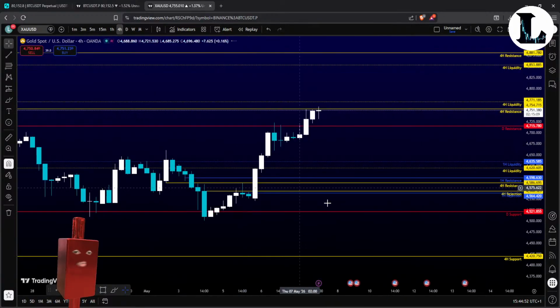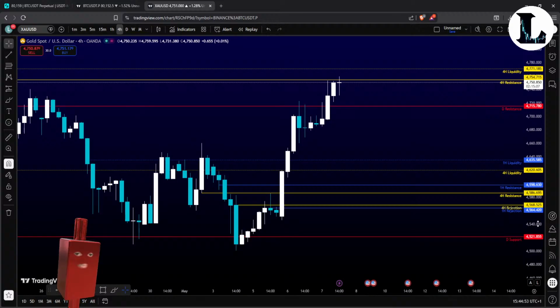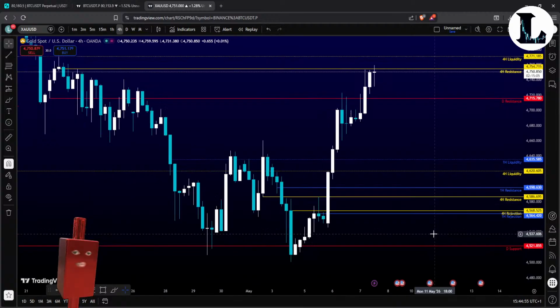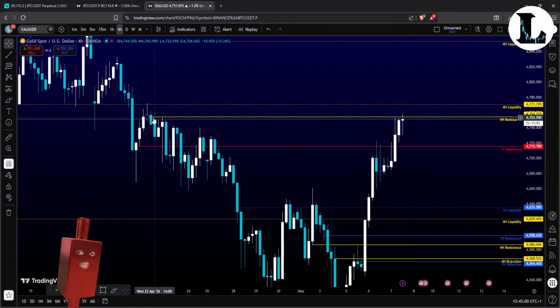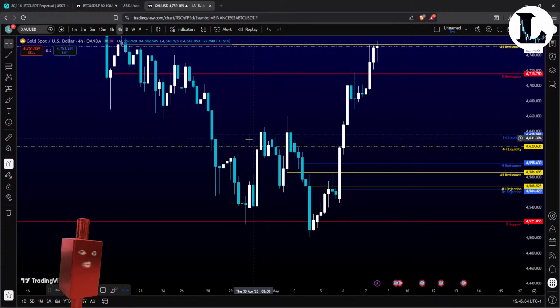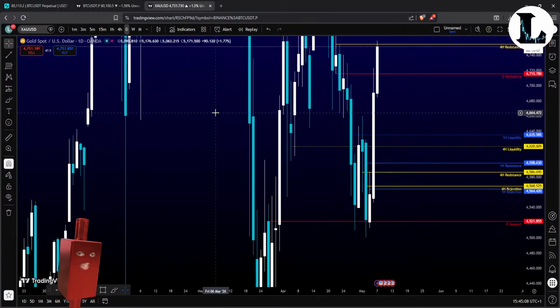Let me check the 4. So we are now testing this big resistance on a 4. We had this liquidity here on a 1 hour. Let me just check the daily again. Sorry.